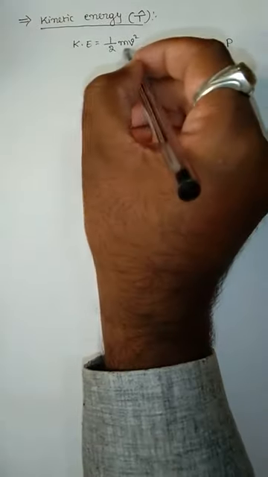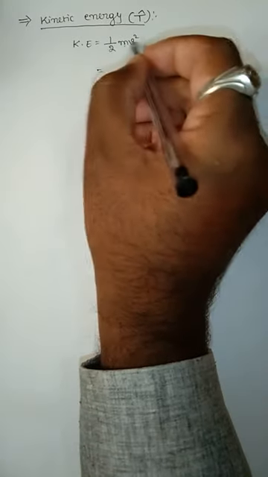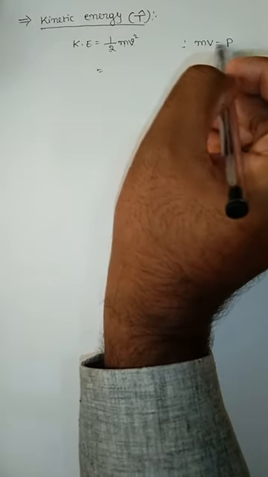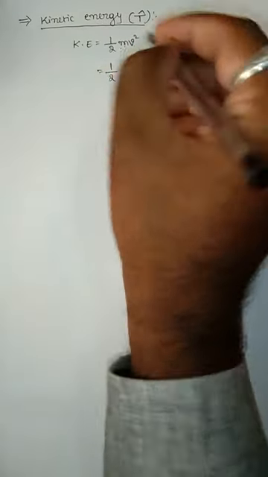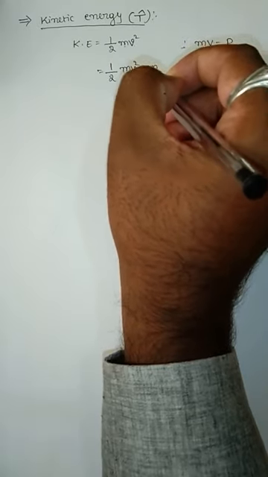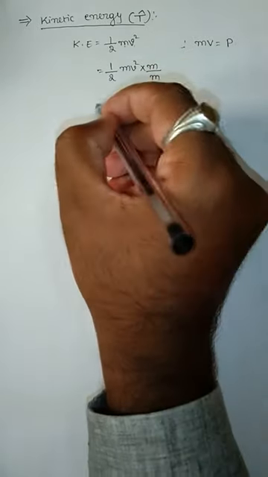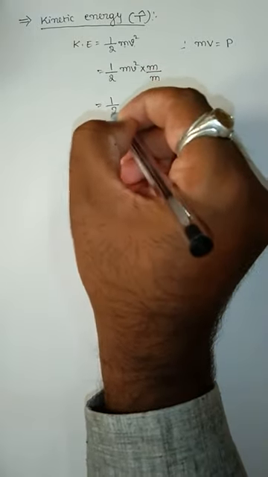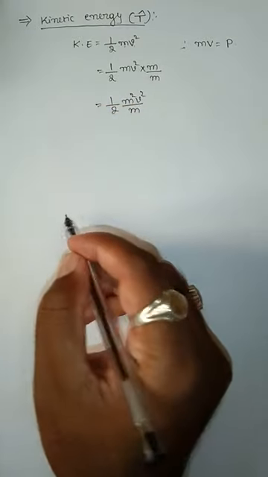Here we have one m term and two v terms, but mass into velocity is momentum. So let me manipulate this equation: half m v square, let me multiply and divide it by m. Nothing will change, since m and m cancel, and we get the same expression. So half m square v square whole divided by m.